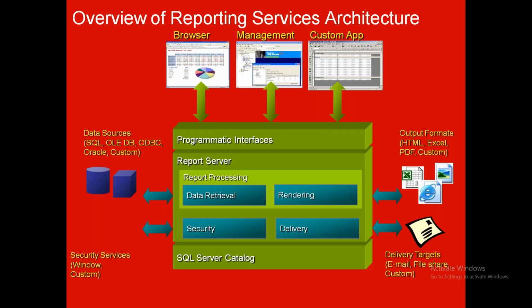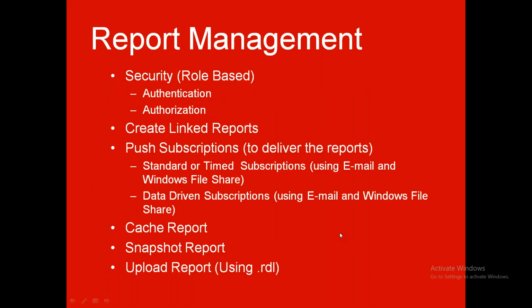That is what is called push subscription. Clear? So you go to the web, you choose the report, you download the report. That is pull subscription. Or you give your email ID, you ask the report server to send the report to your email. That is what is called push subscription. So delivery will have pull and push. We are also going to discuss this.